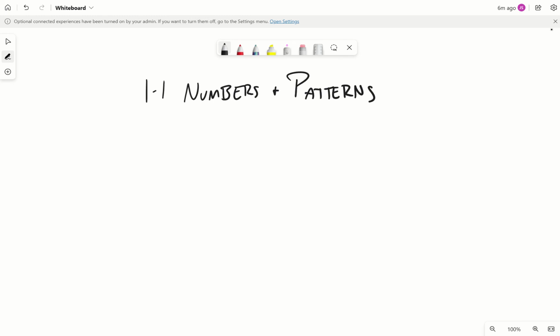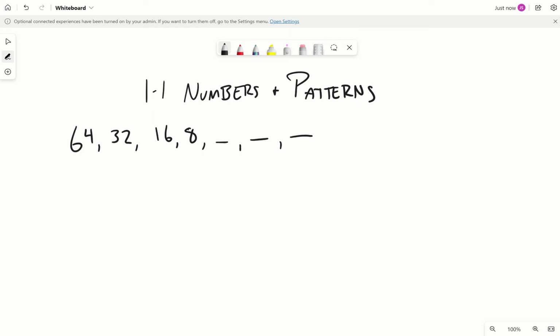So let's say I had this pattern happening right here. This pattern right here, 64, 32, 16, 8, blank, blank, blank.